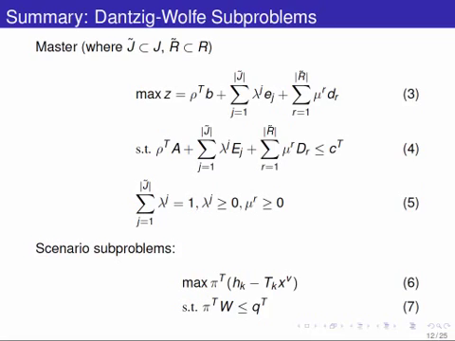What are you going to pass to the sub-problem? You solve this, what do you keep from 3 to 5? The x's, the dual variables. You pass them to the sub-problems. Okay, even at this stage, have we done anything different from L-shaped?